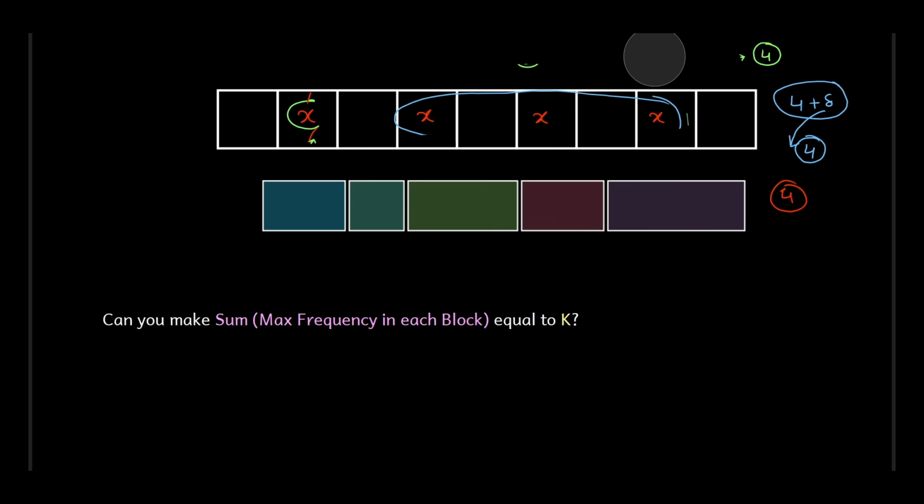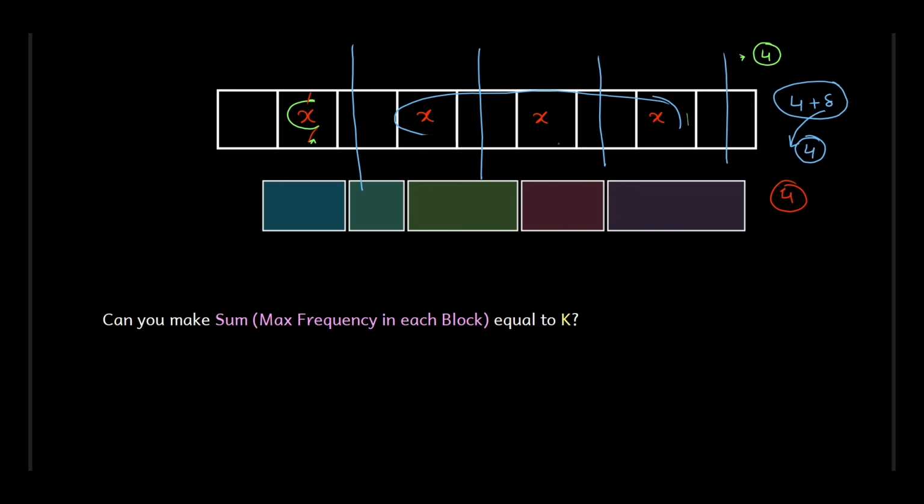So then you can try a split something like this. You say that you will not let any of the x's remain in the same box. So you will make a cut over here, a cut over here, a cut over here, and a cut over here. Then notice what happens.